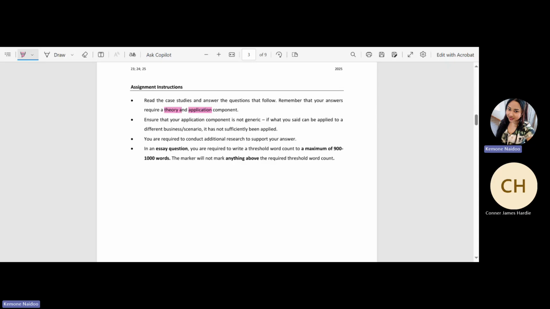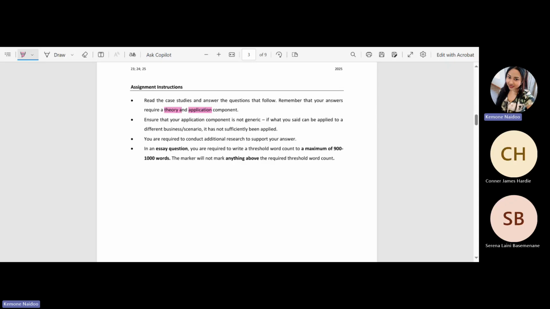If you are saying they're overlooking inputs being transformed into outputs, what are the inputs? What is being transformed? Okay, so that is getting specific. So remember, if your application can be applied to anything, any scenario, then it's not specific enough, and you need to then break it down. Okay, so application is there to show your understanding.